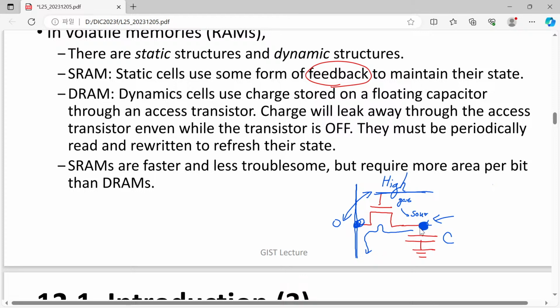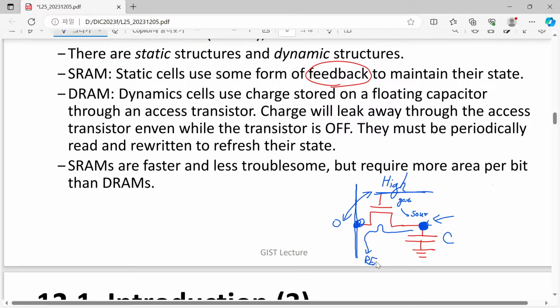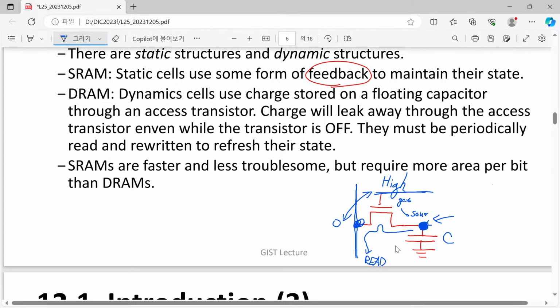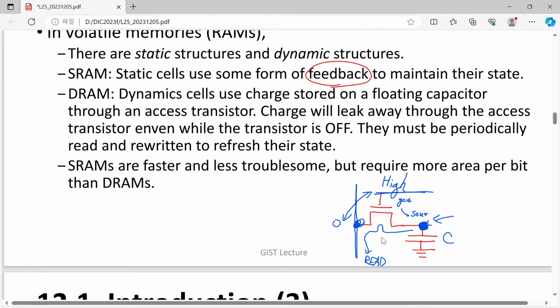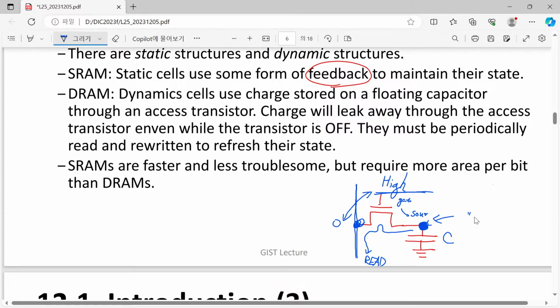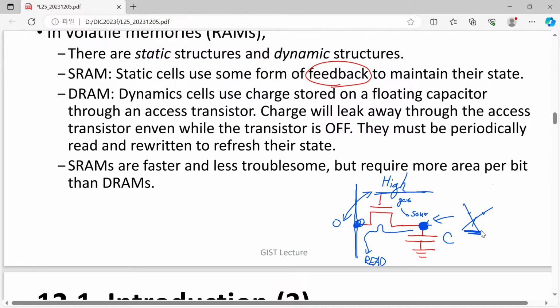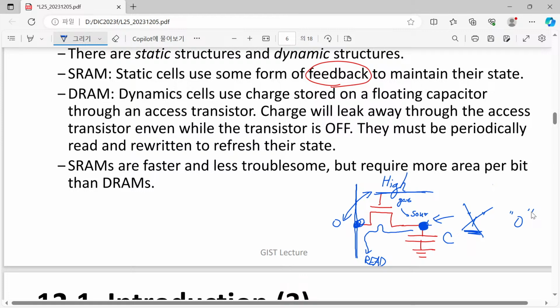Then your information will be read by our circuitry, but unfortunately once this kind of current conduction or discharging has occurred, your information previously stored in this line is now gone. So if you try to read once again, then what you will read is just number 0.